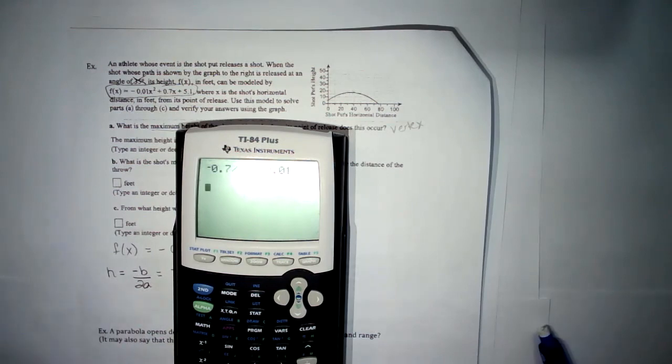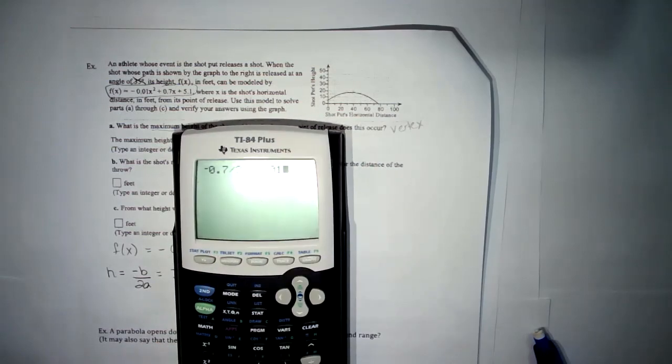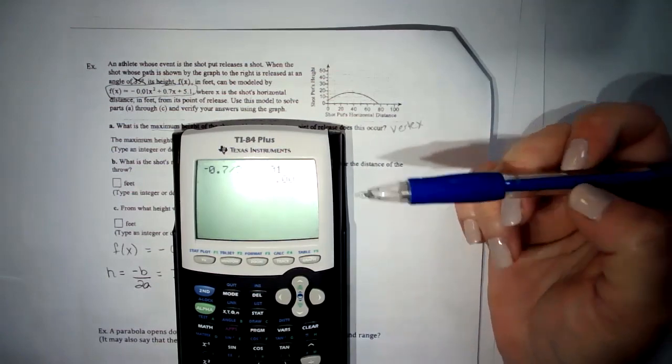Here's what could be happening, and I want to clear it up real quick. If I do negative 0.7 divided by 2 times negative 0.01, that's not 35.